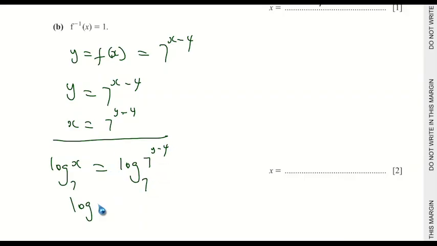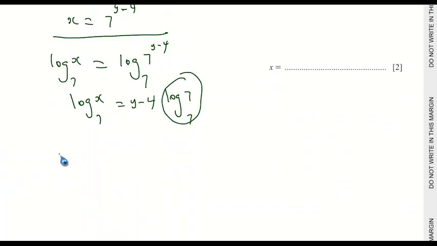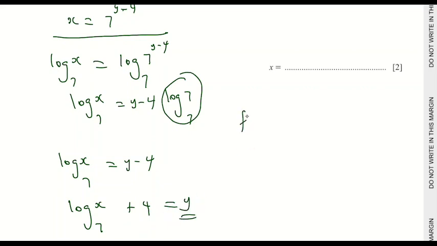It will be log x base 7 equals y minus 4 log 7 base 7. So this equals 1. So I have log x base 7 equals y minus 4, which is the same as log x base 7 plus 4 equals y. So this is the inverse. So f inverse of x equals log x base 7 plus 4.